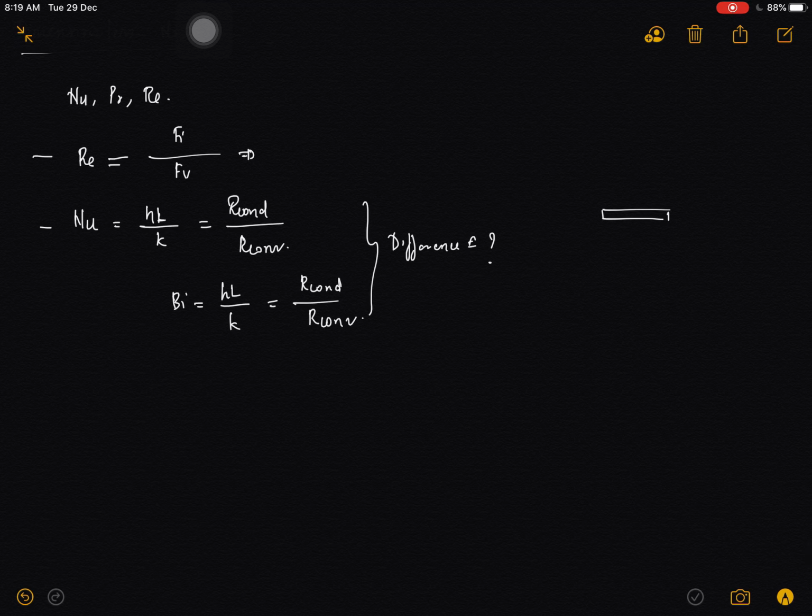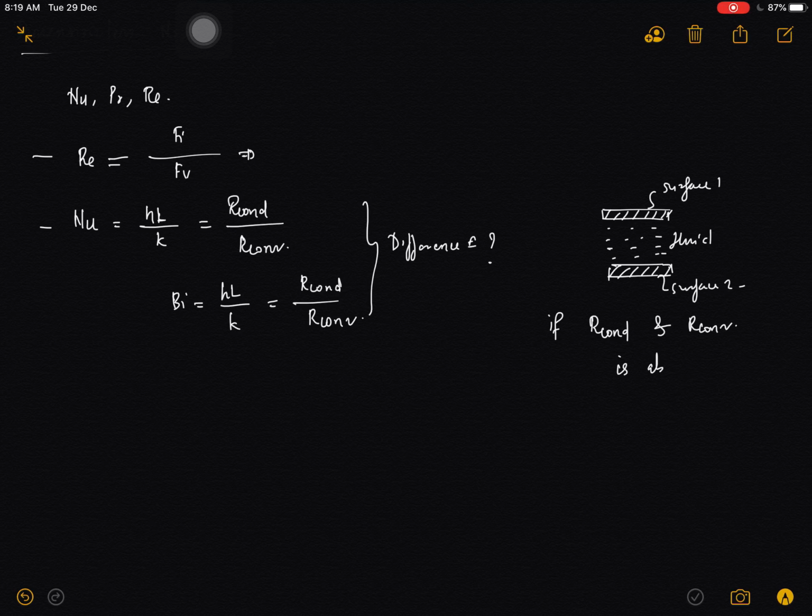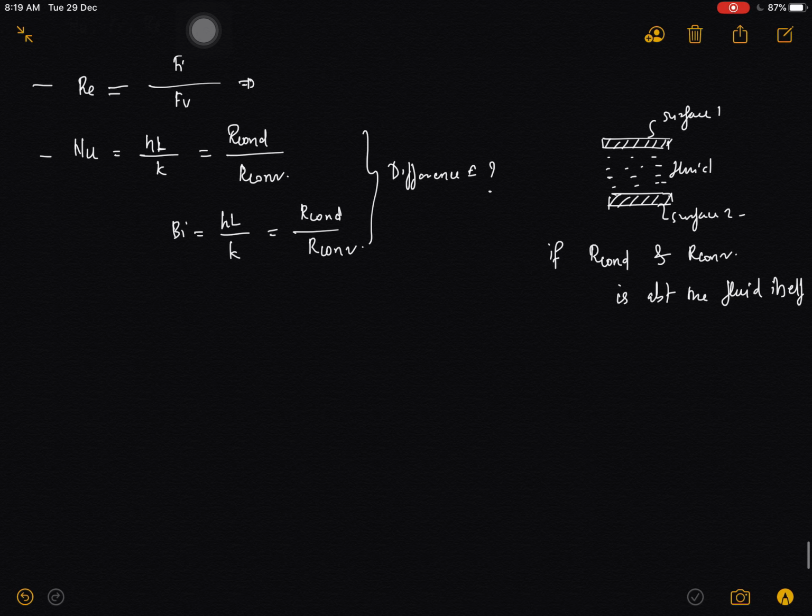in the Nusselt number, let's suppose we have some fluid between two surfaces like this, and some fluid is in between these two surfaces. This is surface 2. And let's suppose R conduction and R convection are about the fluid itself, or with respect to the fluid only, then we will be dealing with the Nusselt number, that is hL by k.